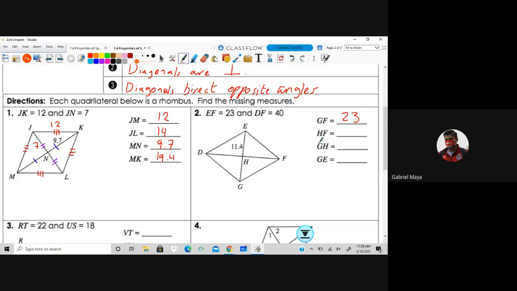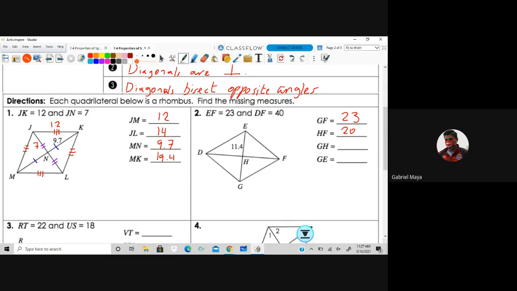What about HF? So Kaylin and Graham, very good. Thank you for that. All right, so you guys are saying 20. If from D to F it's 40, that means H to F is 20 because H is the midpoint. So 20. Very good.